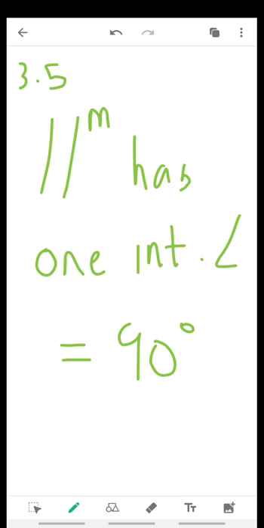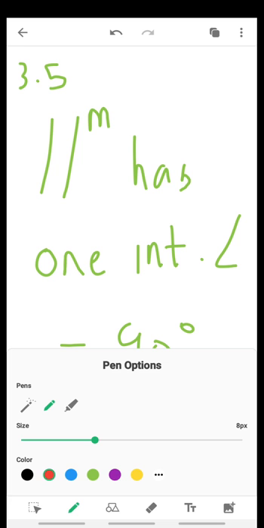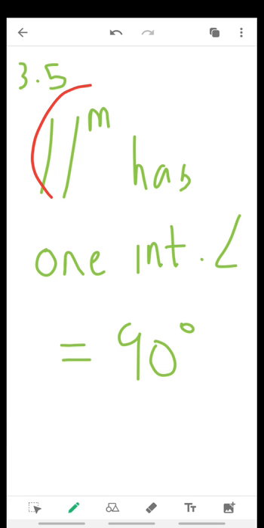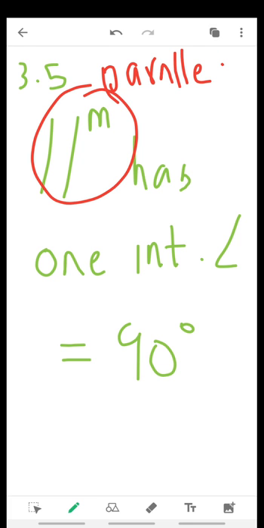Okay, guys, that symbol there, please don't be confused. This symbol here represents a parallelogram. If you like, you can write it in full. This is parallelogram.